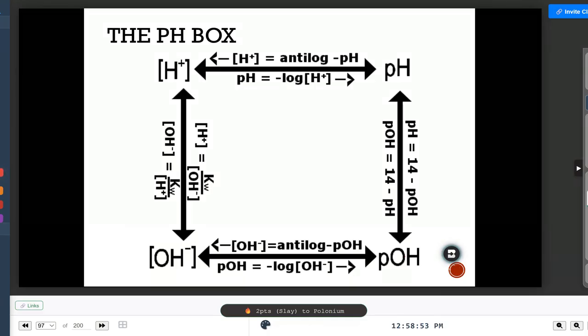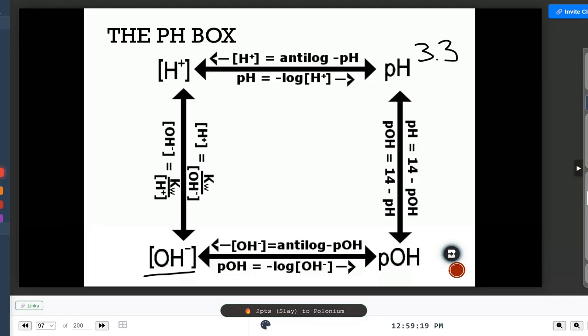On that last one, we had a 3.3 as our pH. Now, if I asked you to tell me the hydroxide ion concentration of a solution, that fruit juice, that has a pH of 3.3, you can do it two ways.